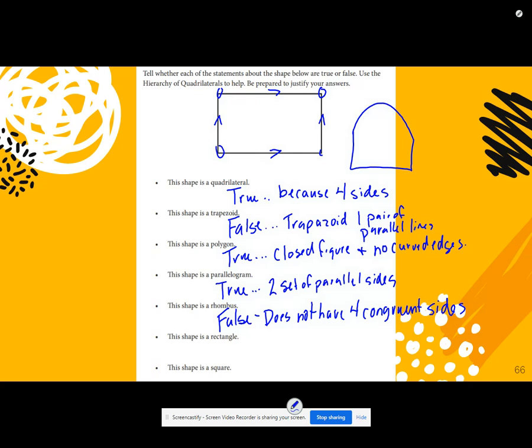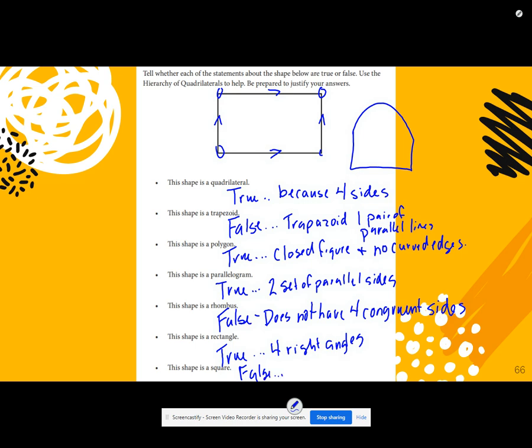This shape is a rectangle. Pause the video. True. Why? Because it has four right or congruent angles. This shape is a square. Pause the video. False.